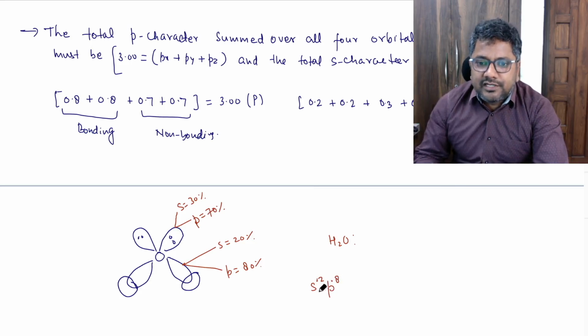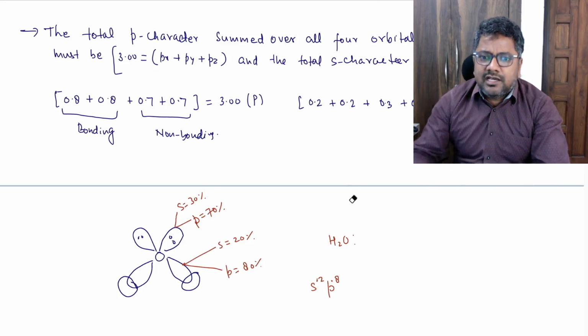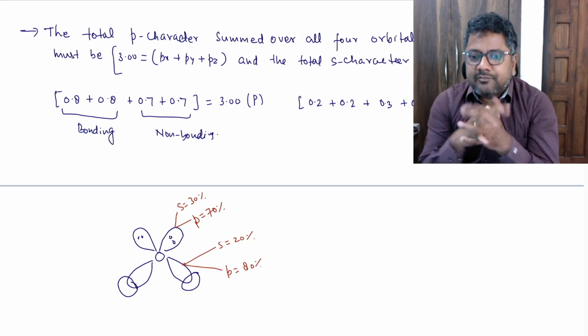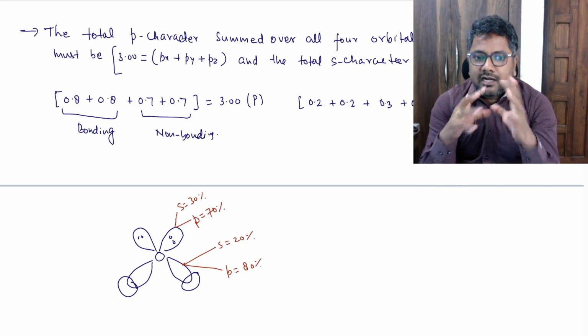So this S and P percentage here, and here 0.3 and 0.7. So no need to write like this. This is the complete picture of this water molecule in the hybrid orbitals.